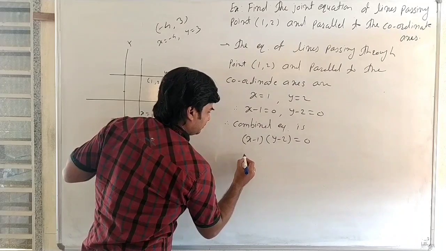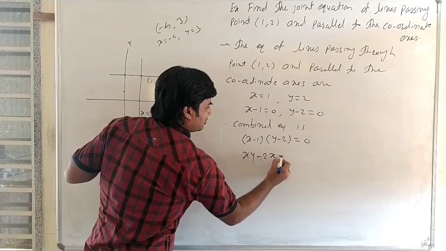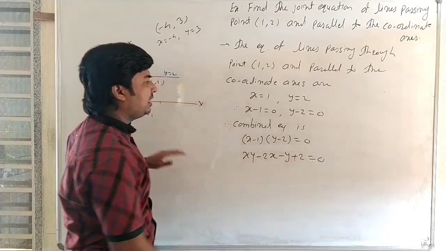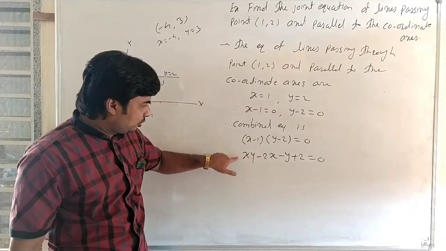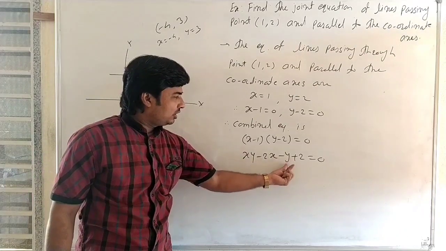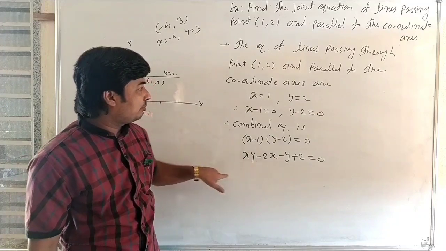Then xy - 2x - y + 2 = 0, which is a second degree equation. Here a = 0 and b = 0, but 2h = 1. The terms are degree 2, degree 1, degree 1 and degree 0. It is a second degree equation, the required combined equation.